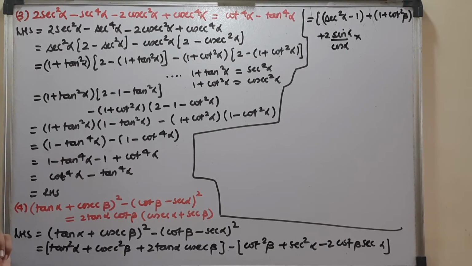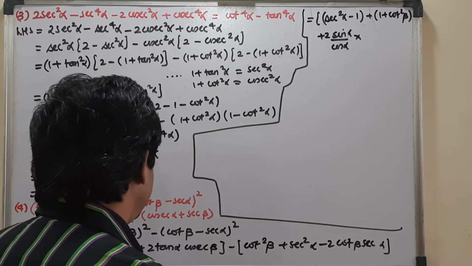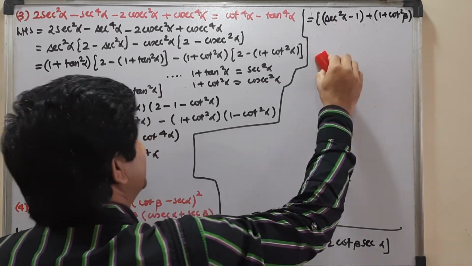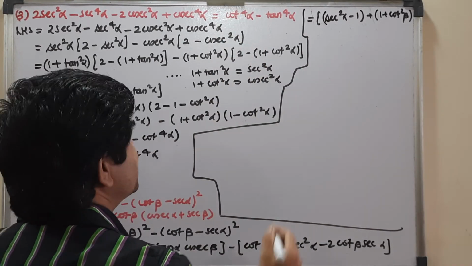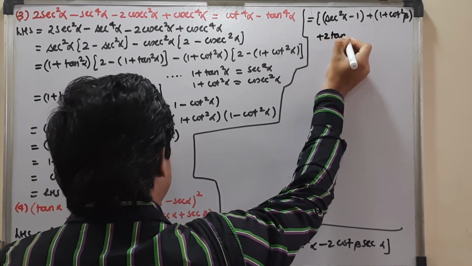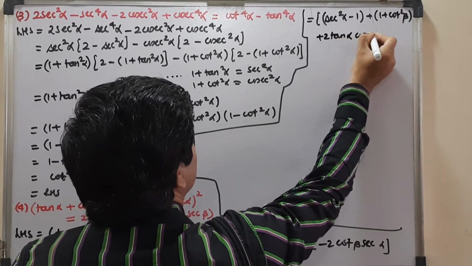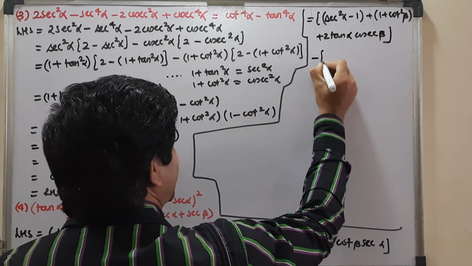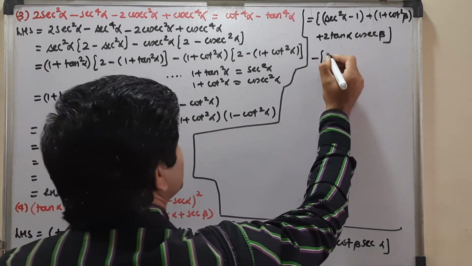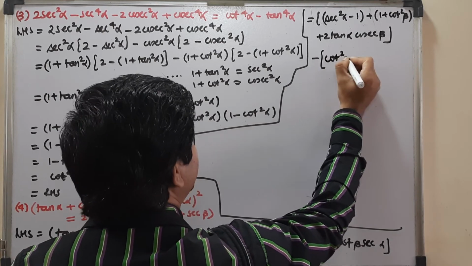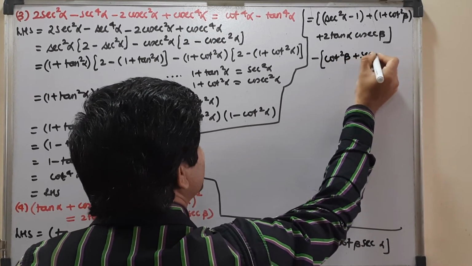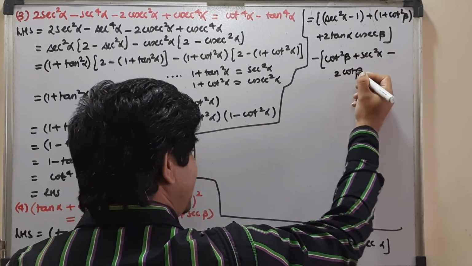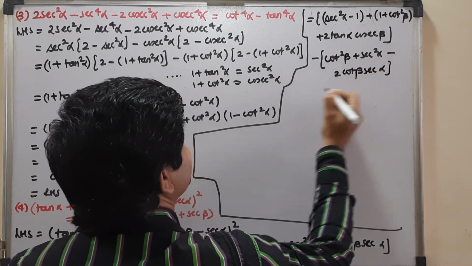No, I think so it is in terms of tan and cosec only, so why should I remove it? I will think on it later on. That is plus 2 tan alpha cosec beta, bracket closed. Then subtraction of the bracket, here it is cot square beta plus sec square alpha minus 2 cot beta sec alpha.